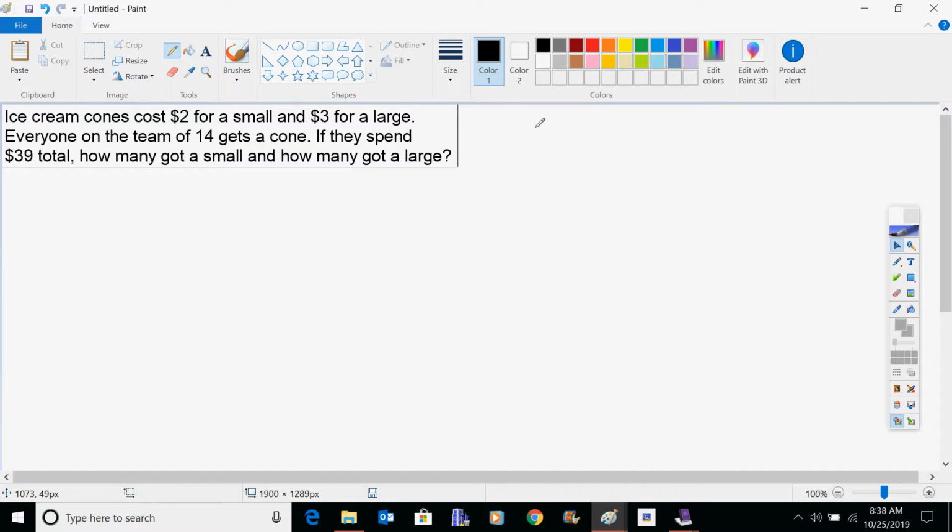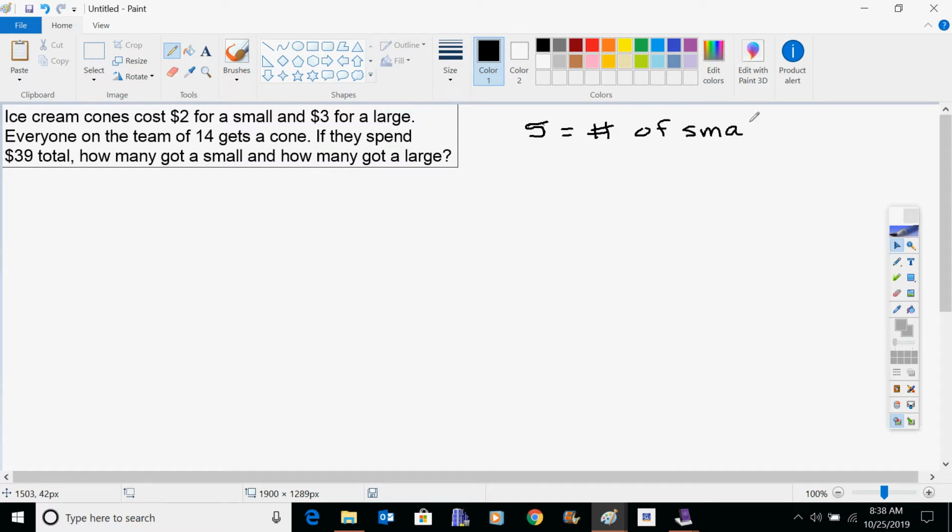So we need a couple of variables. We'll pick S and L or X and Y, or somehow we can do that. So you said S and L, so we'll do that because that was the first thing I heard. S stands for what? Small, the number of small cones, and I want to be specific about that. The number of small cones.